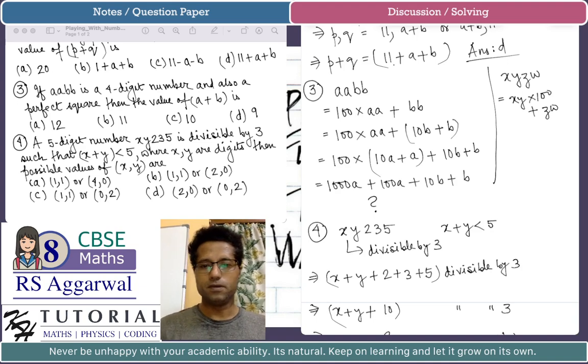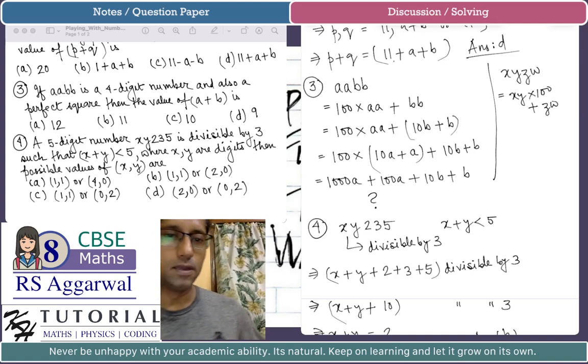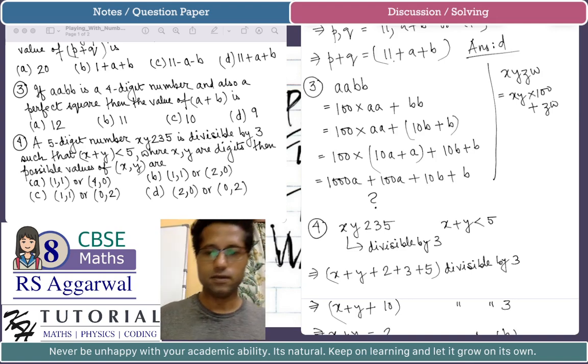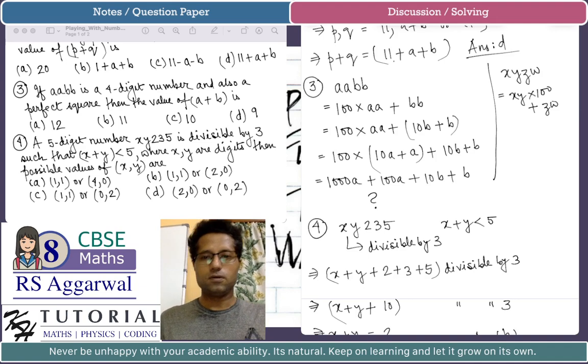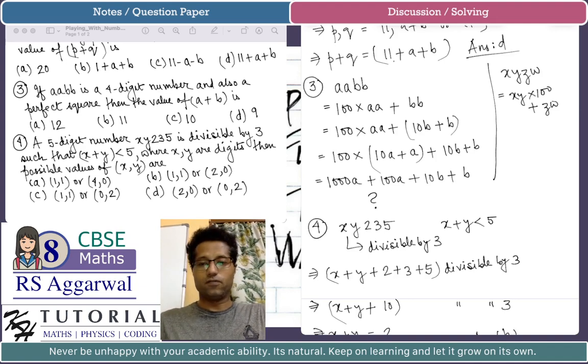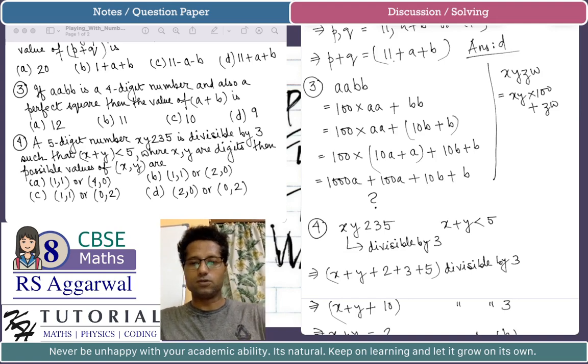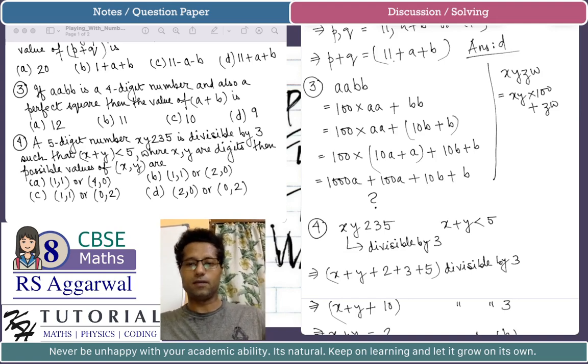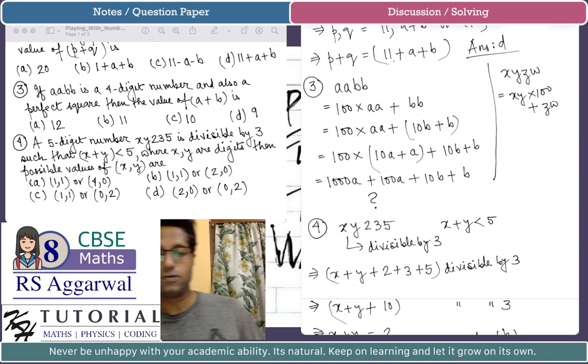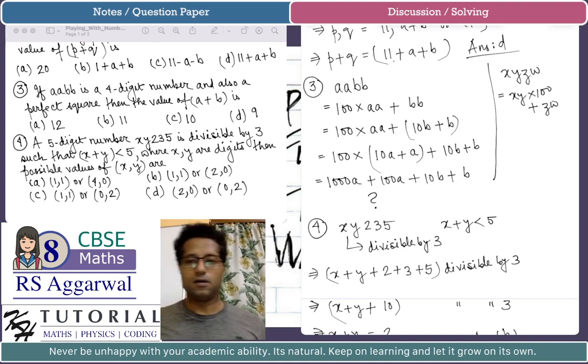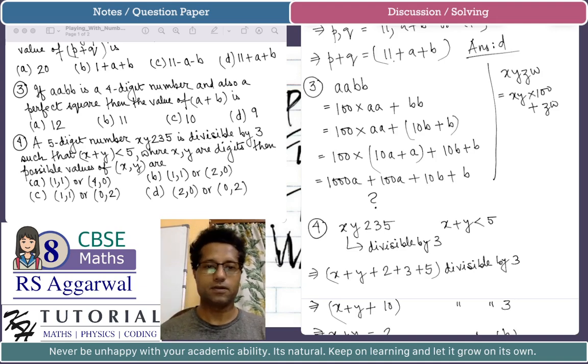So let me solve. But before checking the choices individually, I was trying to apply the concept of the general form of a number to see what the values of A plus B can be, or if we can find the individual values of A and B such that AABB is a perfect square.